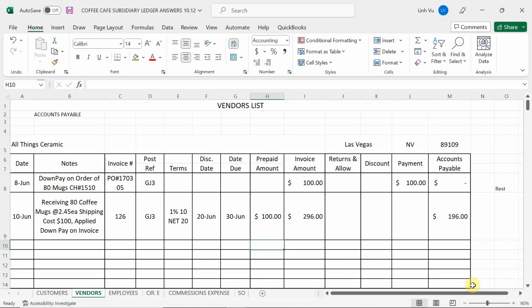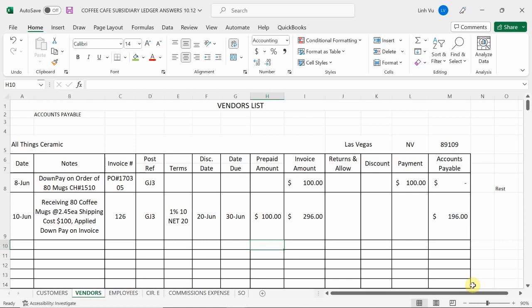And this is how I want you to use the prepaid accounts section of the subsidiary ledger. How do you do it? You apply it by plugging it in, making sure you understand that the original invoice amount is important. Apply whatever your down payment is so you get the correct number that's supposed to be on your invoice. Okay?